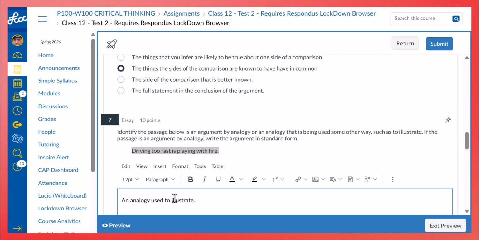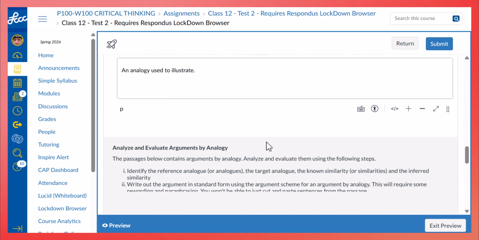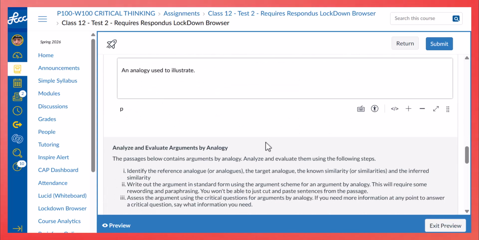The other common mistake here is to say that it's an argument by analogy, but not write it in standard form. So you need to finish out the instructions. I'll go back and clean up the instructions to be sure that it works for everyone.